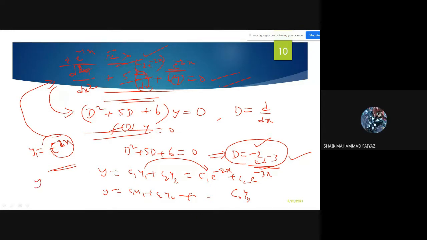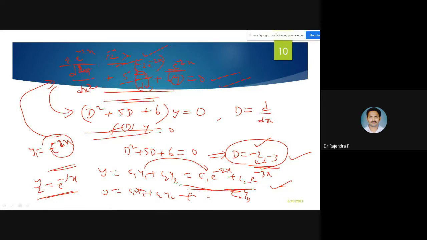Similarly, I have one more solution. I can check it. E power minus 3x is also a solution for the differential equation. Both are independently solutions. Therefore, their combination also becomes a solution. Of course, C1 and C2 are arbitrary constants.